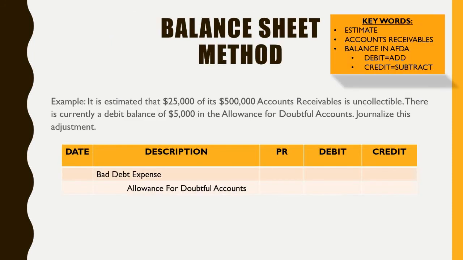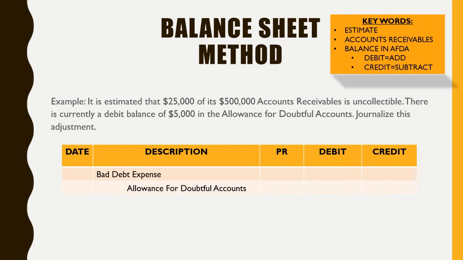In this case, I currently have a debit balance in my accounts receivable. Now, because we recognize that allowance for doubtful accounts is a contra account to accounts receivable, we know that at the end of the day, since it's decreasing my accounts receivable, it must hold a credit balance.